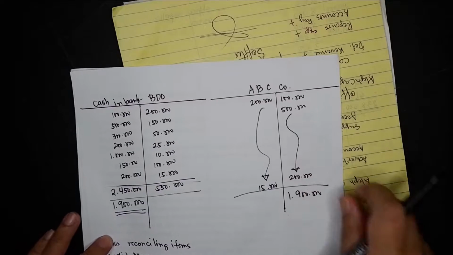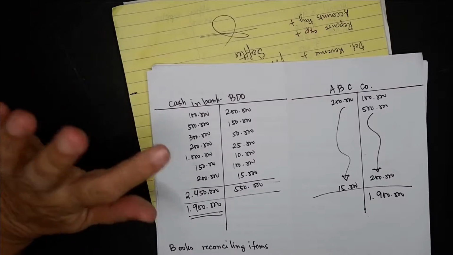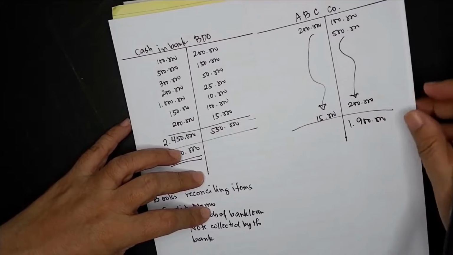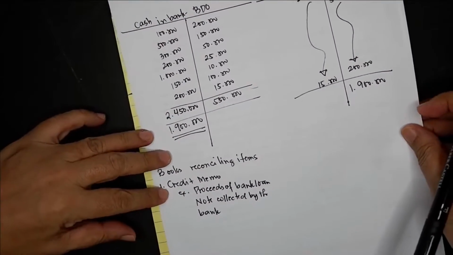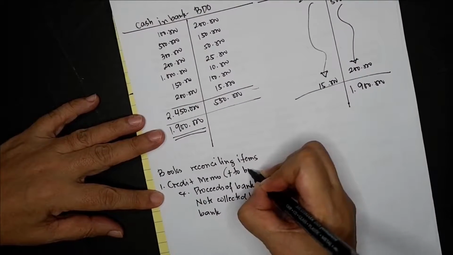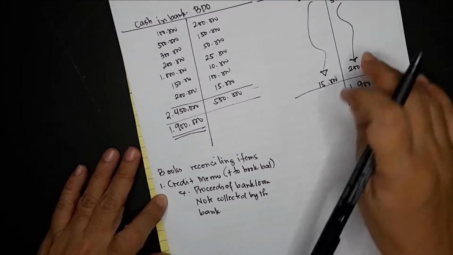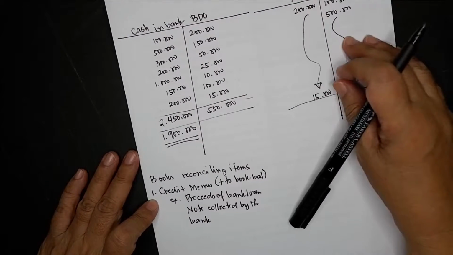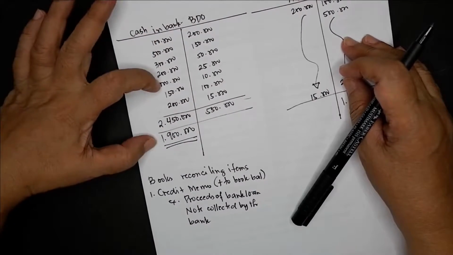But again, since we do not prepare a deposit slip for that, we do not have that entry in our records. So our records will not be the same. And to reconcile this reconciling item, that will be plus to book balance. Okay? Because the bank already has an entry plus cash, so we have to add it also in our book balance.